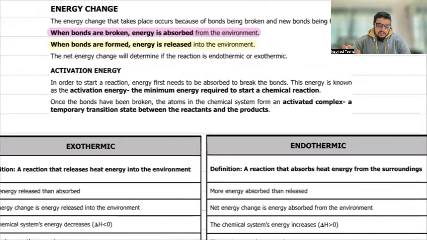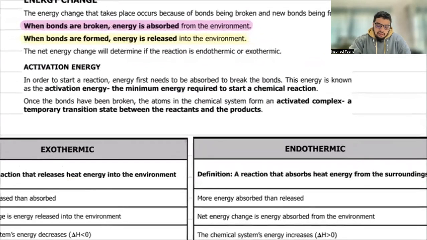Okay, activation energy is the minimum energy required for a reaction to occur, essentially. Energy first needs to be absorbed to break the bonds. This energy is known as the activation energy. It is the initial energy that is required to start up the reaction, and starting the reaction means breaking the bonds of the reactants.